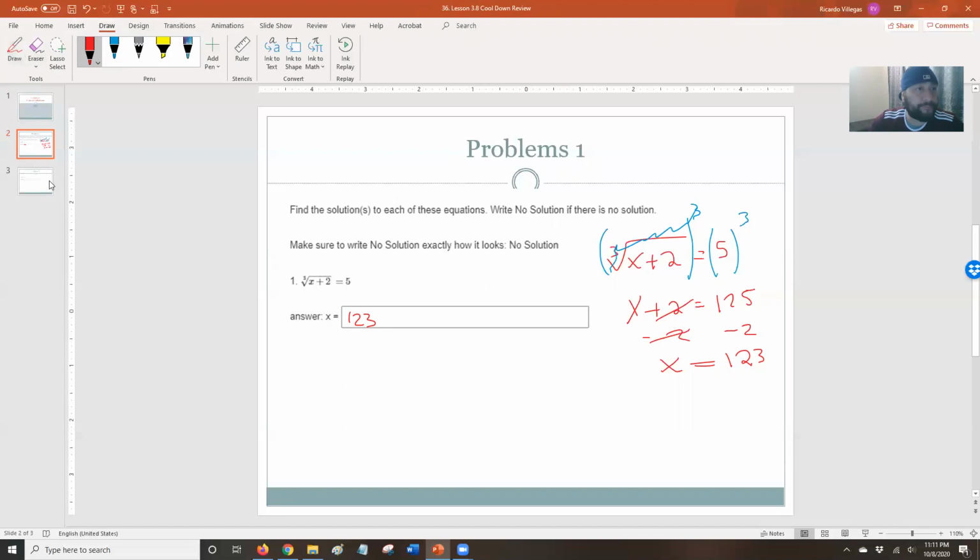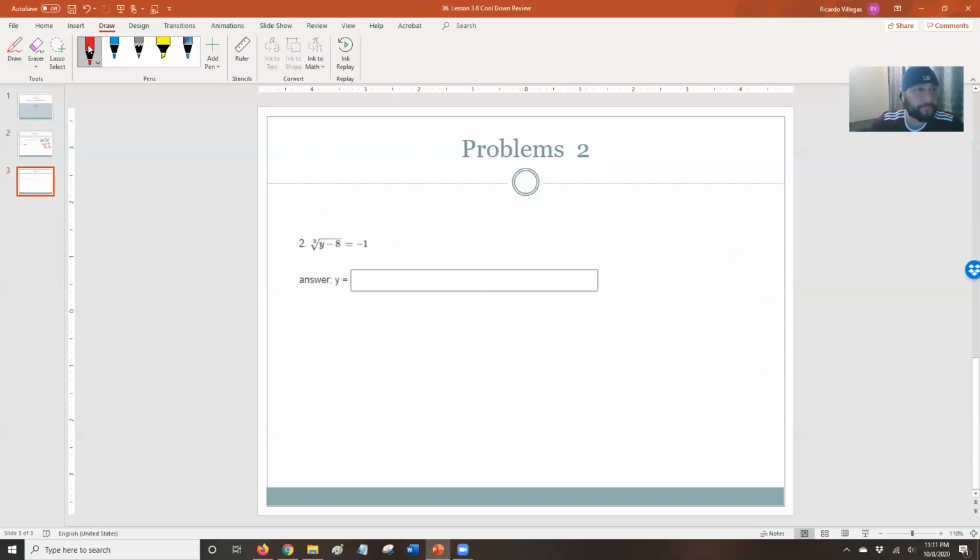All right, so now example number 2. Here, same thing. So we have the cube root of y minus 8 is equal to a negative 1. Now, some of you might say, oh, it has a negative outside of the root, so it must be a no solution answer.